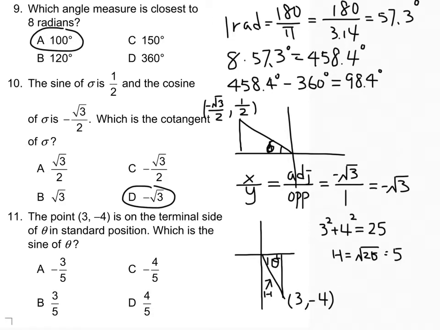So what's going to be sine theta? Theta is here with respect to the x-axis, which is opposite over hypotenuse, which is negative 4 over 5. So your answer is going to be C.